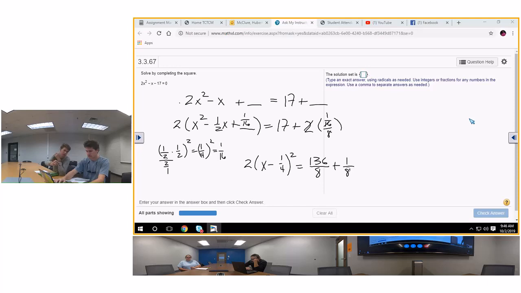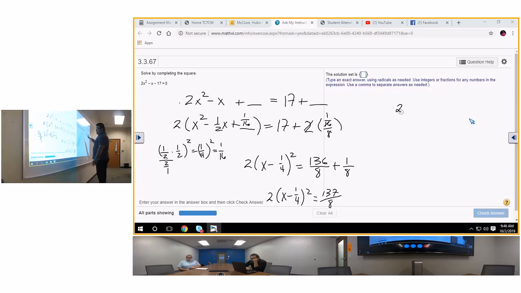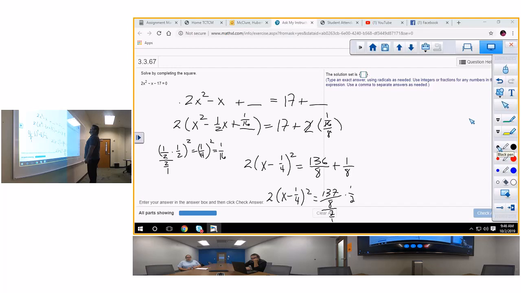And 2 times x minus 1/4 quantity squared is equal to 137 over 8. I'll go ahead and do the solving. We're going to divide by 2, which means if I divide by 2 over 1, I multiply by 1/2. Is it asking for the x-intercepts? Yeah.